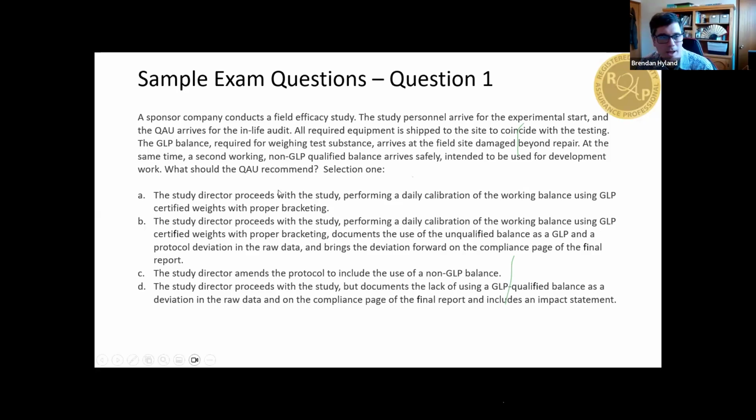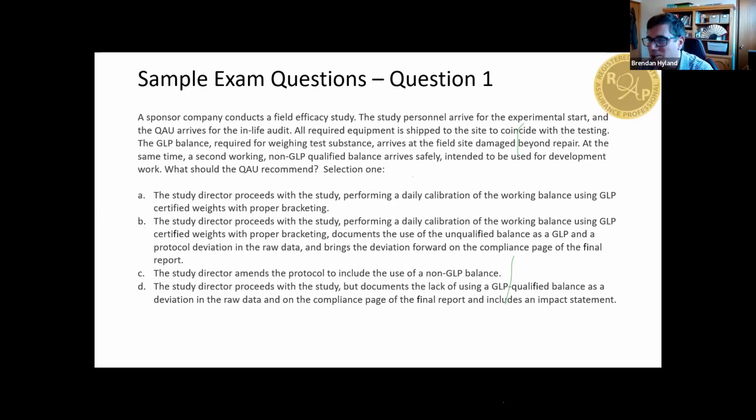So, okay, so we've got votes for B and D. So what's the difference here? In B, the study director proceeds with the study, performing a daily calibration of the working balance using GLP certified weights with proper bracketing. So to me, I don't like the use of GLP certified weights.